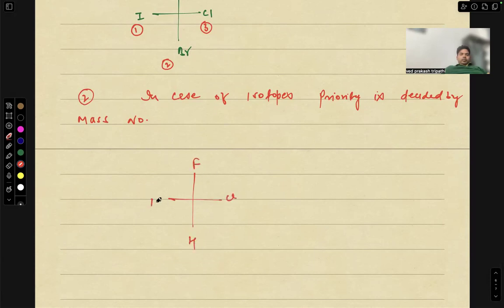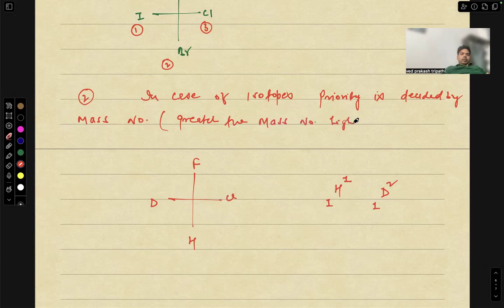Here hydrogen, here deuterium. So it is very clear hydrogen and deuterium are isotopes of each other. So hydrogen, atomic number 1, mass number 1. Deuterium, atomic number 1, mass number 2. So greater the mass number, higher the priority. So in case of isotopes, priority is decided by mass number, which means greater the mass number, higher the priority. So chlorine 1, fluorine 2, between hydrogen and deuterium, deuterium would be 3 and hydrogen would be the 4th.